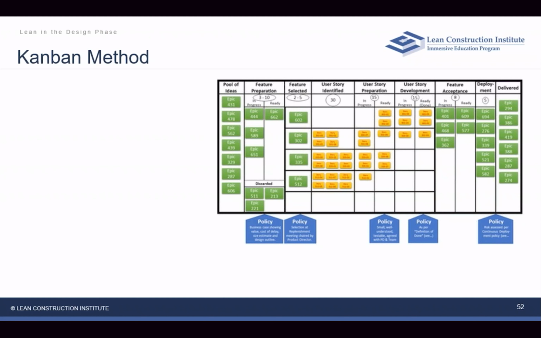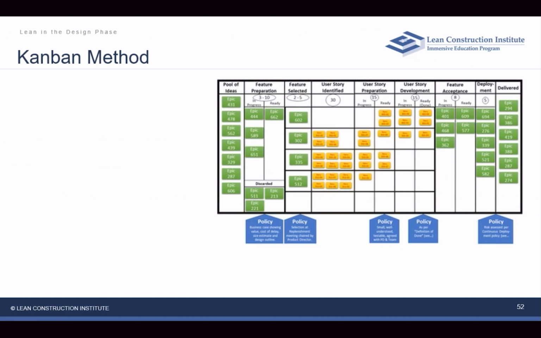The word Kanban comes out of the Japanese manufacturing system, and kan means signal, and ban means card or board. So we're basically creating a board with signals.